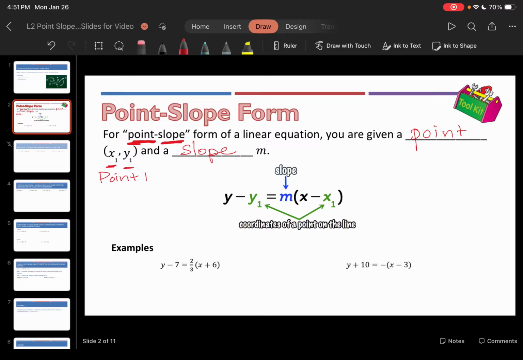Another thing you're going to notice is that the x1 and the y1 get plugged in here in green. So that's where the actual numbers from the point go. And you can see 2 examples down below, like the 7 and the 6 and the 10 and the 3. Those are the coordinates of the point. The x goes on the right with the x in parentheses, and the y's over on the left with the y.